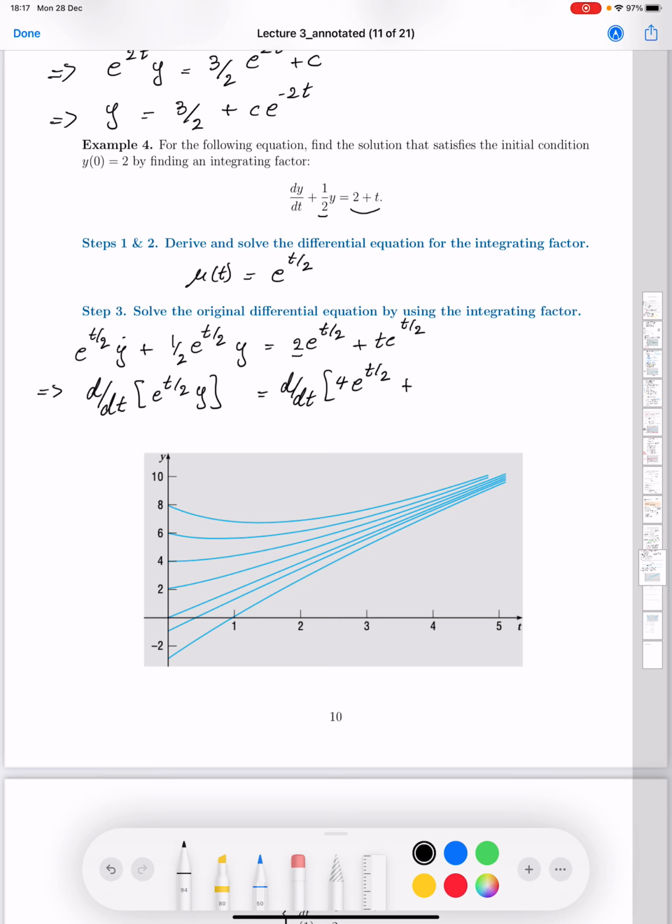we can play around with it. The idea is that we will need some t e^(t/2) here, because otherwise I will not get this same term. So you can try it at home.